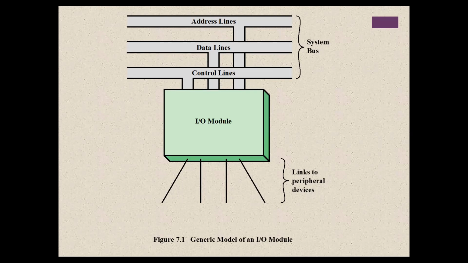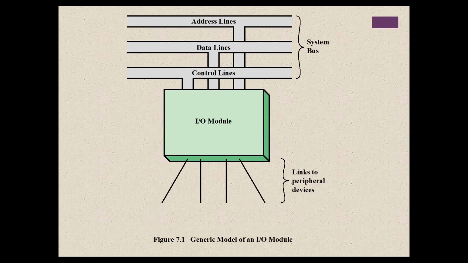So therefore, as you can see, the I/O module is required to manage as an interface to the system bus. So that's what we see here. That's the system bus, and that's the I/O. And then you have a number of peripheral devices, or peripherals as we call them.